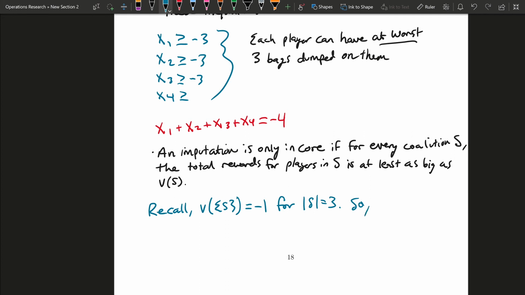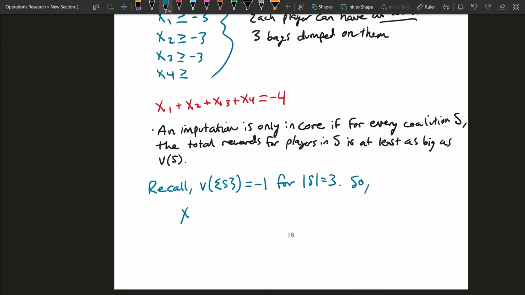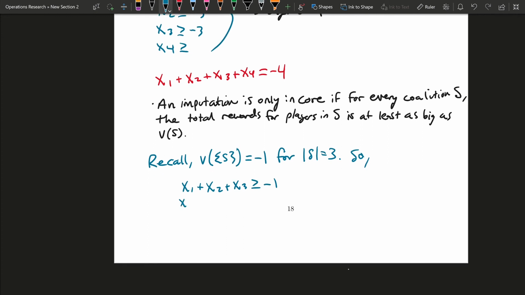So what this tells us is if we've got players 1, 2, and 3 working together, at worst, they're going to have a score of negative 1. If we have players 1, 3, and 4 working together, they're going to have a score of at worst negative 1.